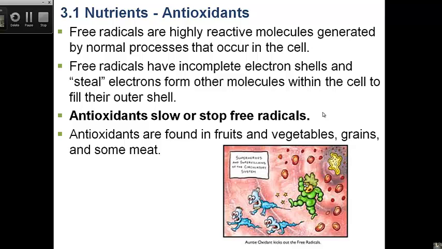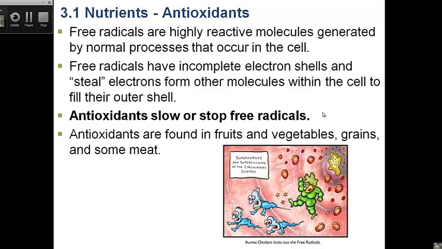And interestingly, the whole aging process is very closely tied to this, the story of free radicals and what I just described. Why do wrinkles develop? Wrinkles develop primarily because free radicals are extracting electrons from collagen, the protein we just described in our discussion of vitamins.